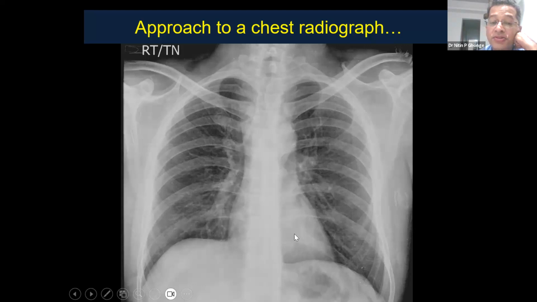So you should be able to see that the vascular markings are more prominent in the lower pole, which is normal, and less prominent in the upper pole. But if there is an equal distribution, like more vessels in the upper pole as much as the lower lobe, then it is called cephalization of the pulmonary blood flow, which is an important sign of pulmonary edema or CCF.